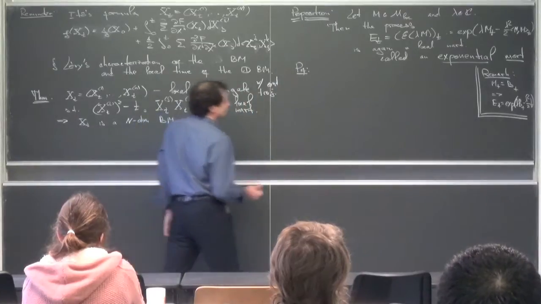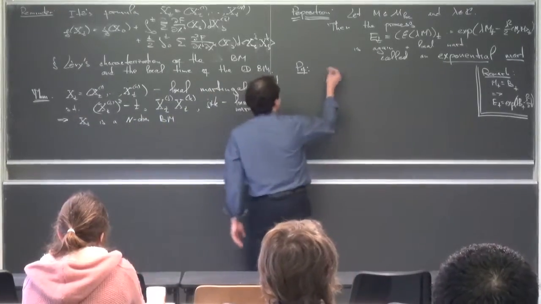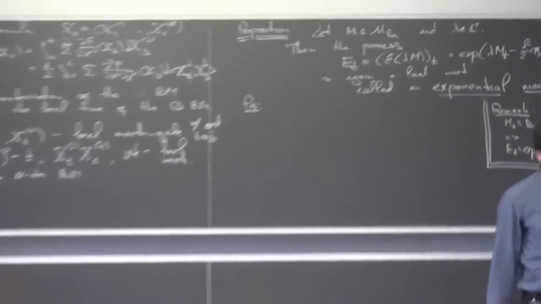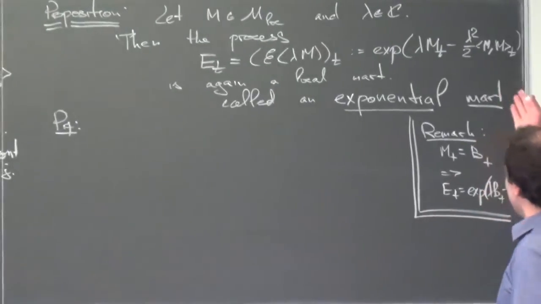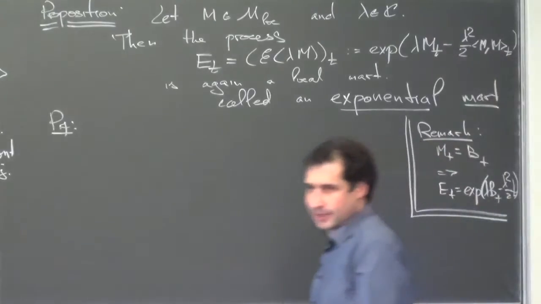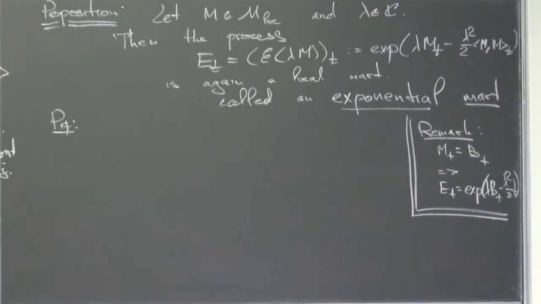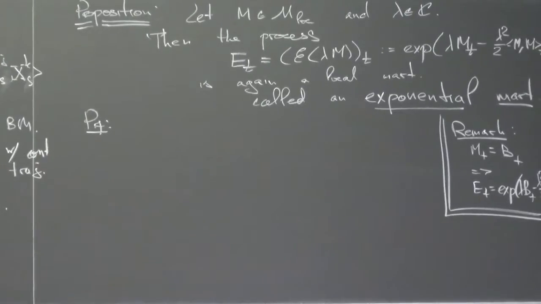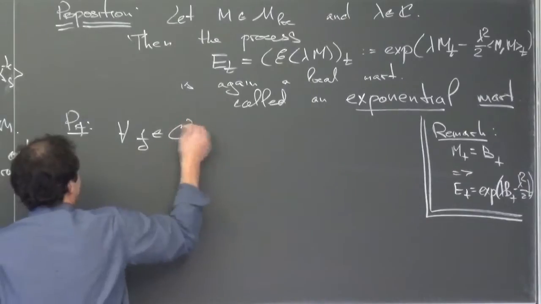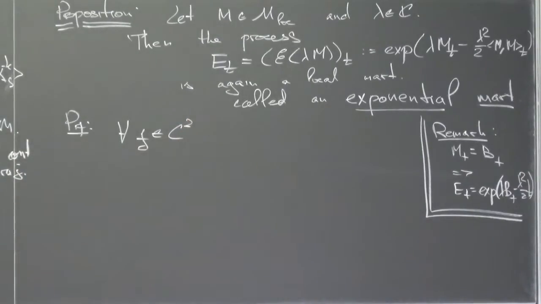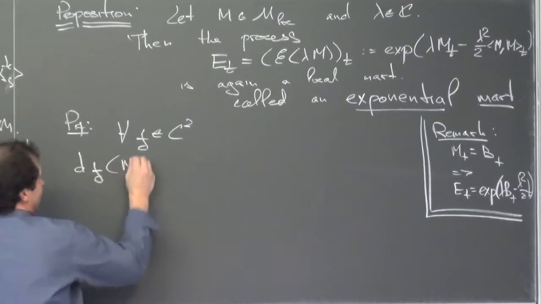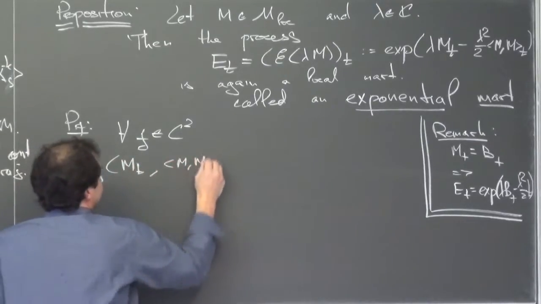Let us perform it nevertheless, in a slightly more general case. This is a function of M and its quadratic variation, so just some function of 2 variables, which is very smooth, C infinity. Just imagine that this is some function from C2, and let us compute df of M_t and the quadratic variation of M_t.